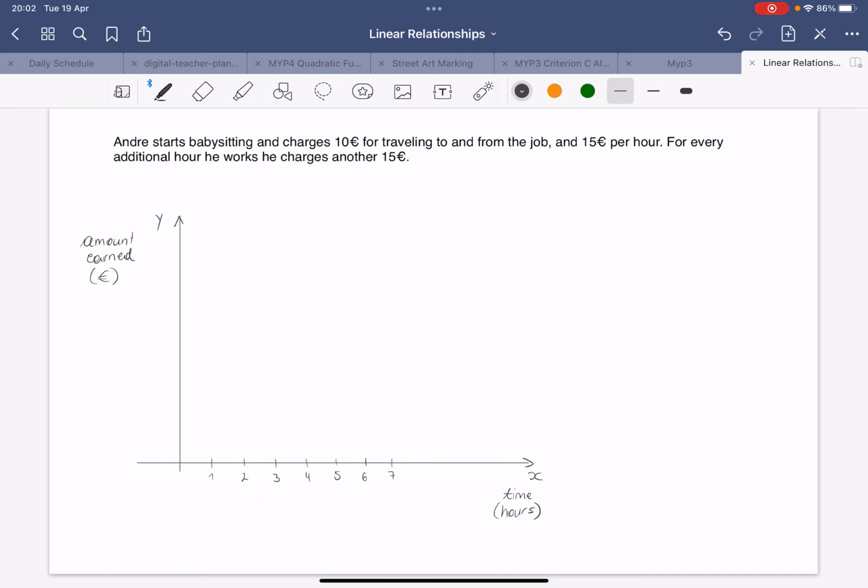Let's stop here. So my first question is, how much does Andre earn if he just goes to babysit to their place? Because it says here that he charges €10 for traveling to and from the job.